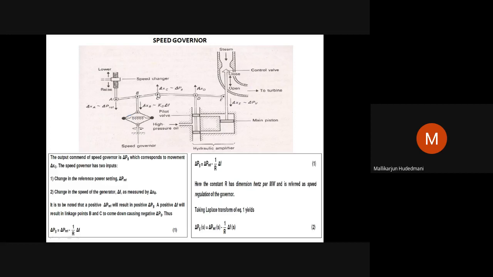Then it is this way. The governor's output, the correction it is going to apply over here, is given by delta PG. Delta PG is what is set here: P reference minus the deviation in frequency, delta F by R. What is delta F by R?